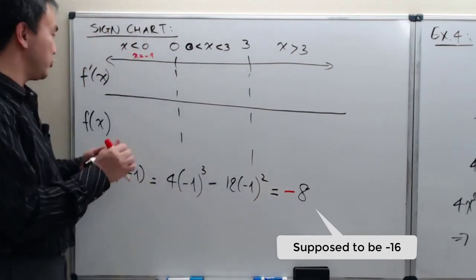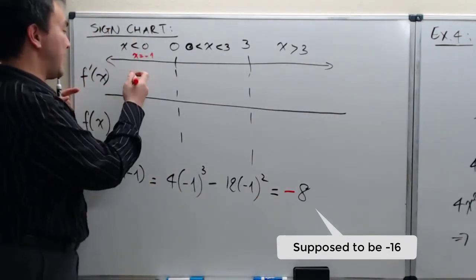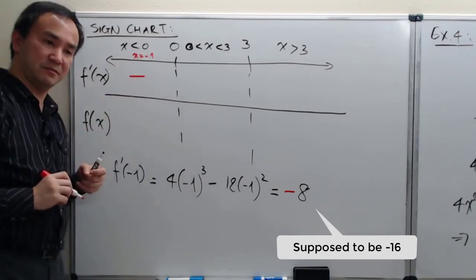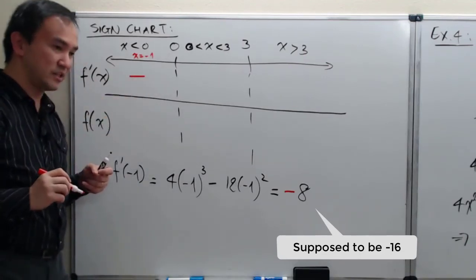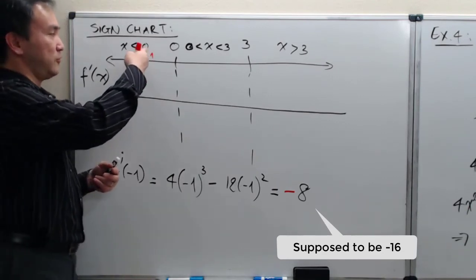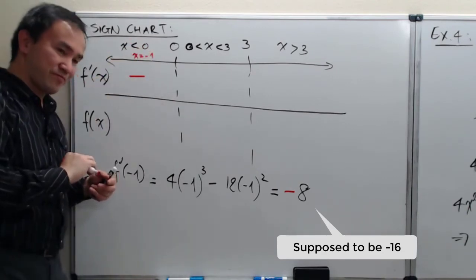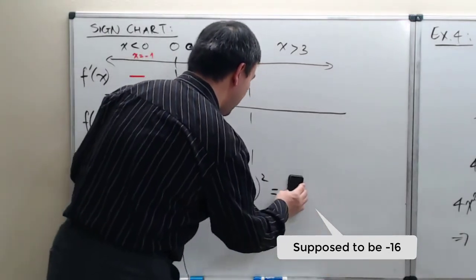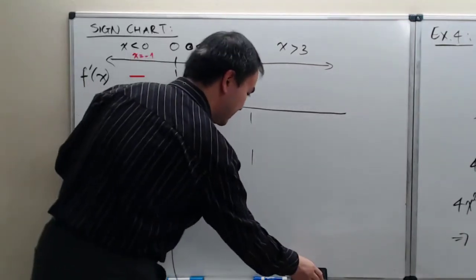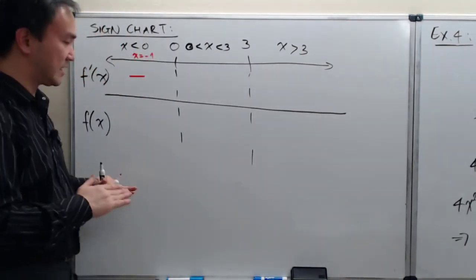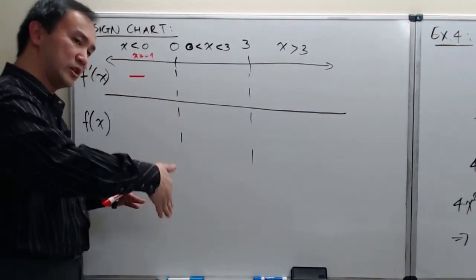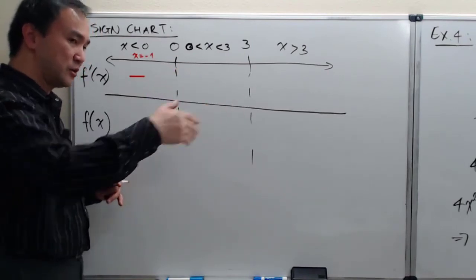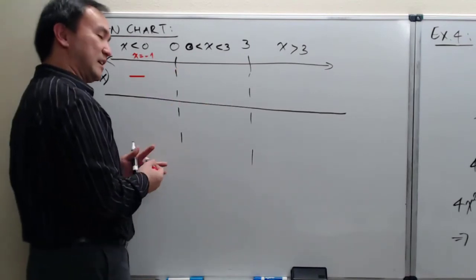It tells me that my f prime has a negative output throughout the entire interval for x less than 0. In that same way, I'm going to quickly advance, and you can see my pace here is already a lot faster than in example 1 and 2, especially example 2.